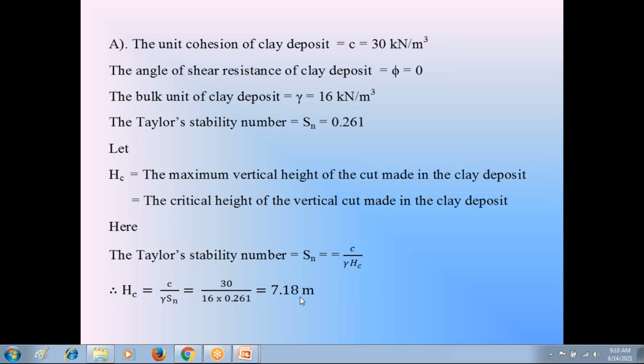In the infinite soil slopes, we have three conditions. First condition, soil slope dry. Second condition, soil slope submerged. Third condition, soil slope seepage flow condition.